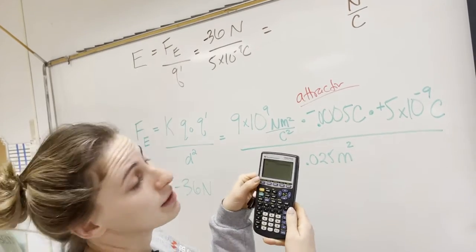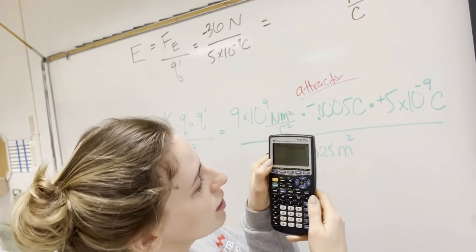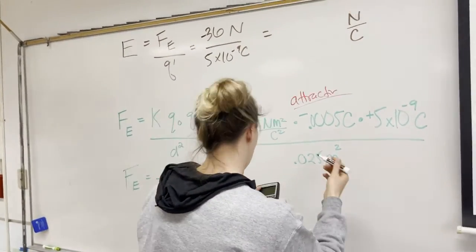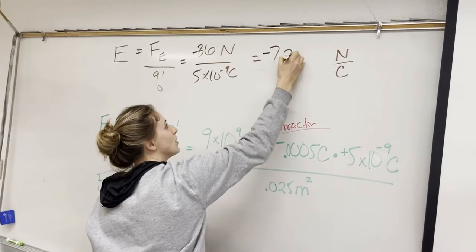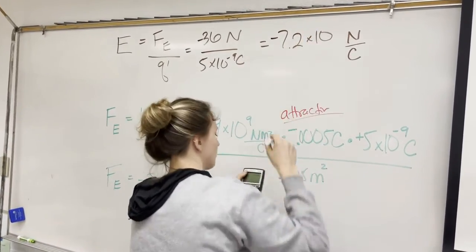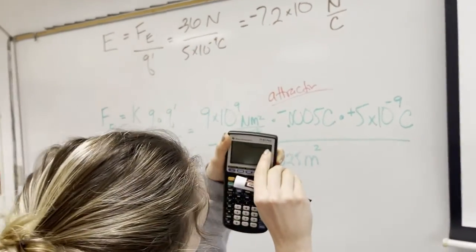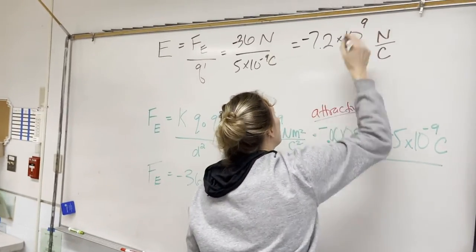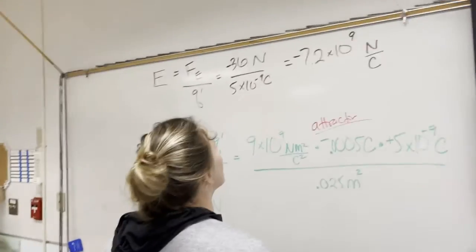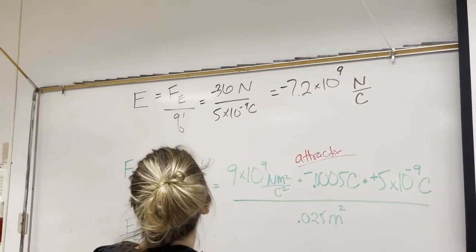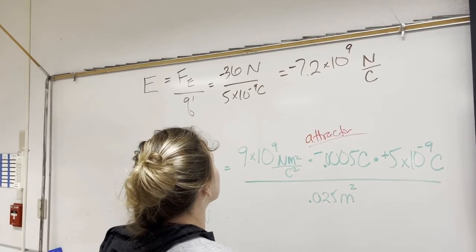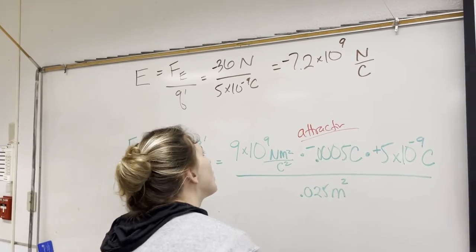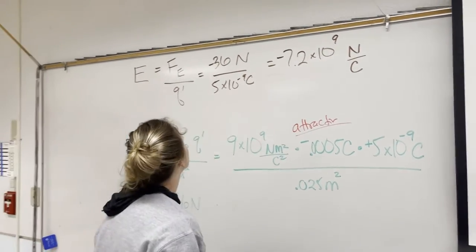And I get, that's a big number, negative 7.2 times 10 to the 9th. That's a big newtons per coulomb number. And that negative means that it's going to be toward the originating charge, that it's attraction. That makes sense.